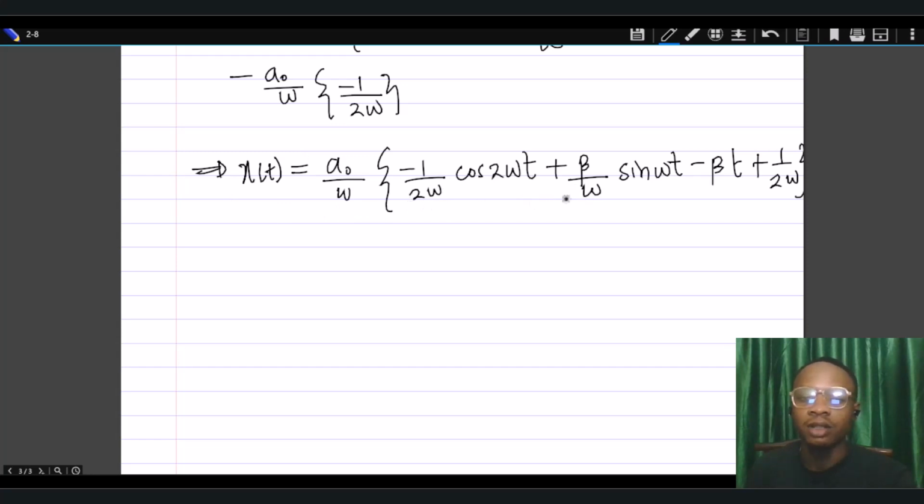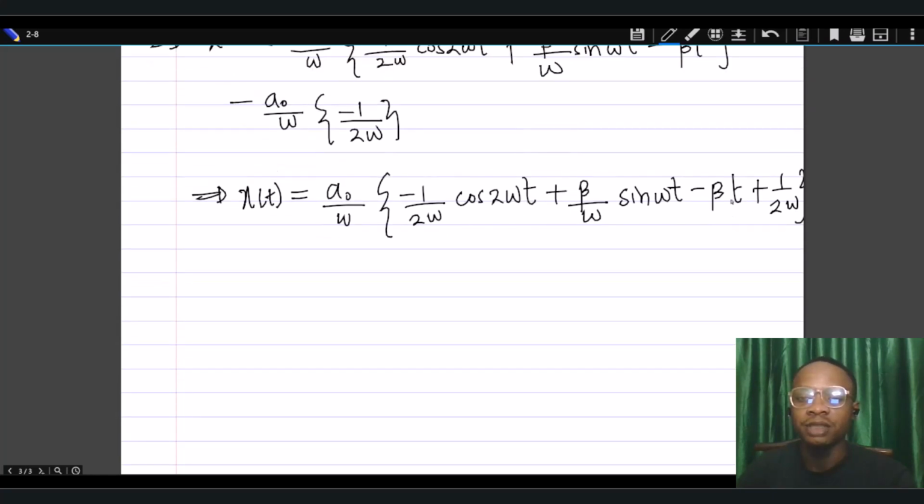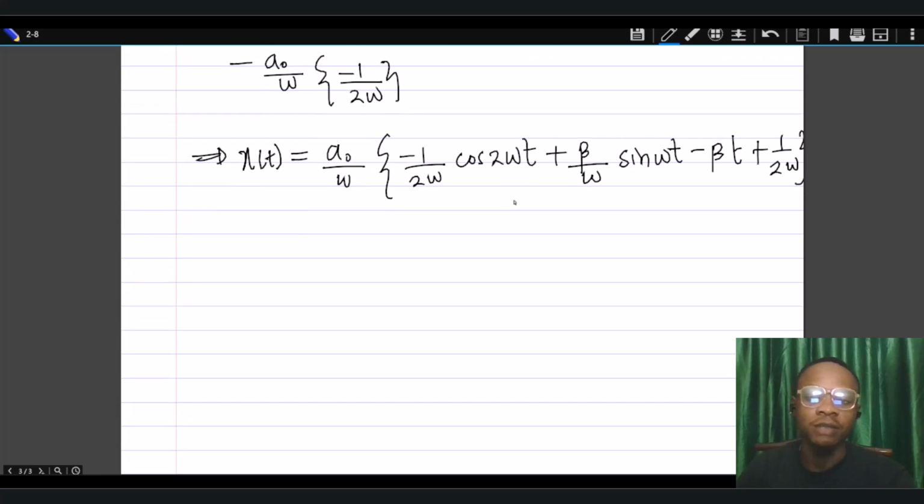So if you were to extract the omega from this expression, you could have this to be beta divided by, or beta multiplying omega. So this is going to be omega t if you were extracting omega from this. So that's just to tell you the dimensional consistency of this equation because you have omega right here.